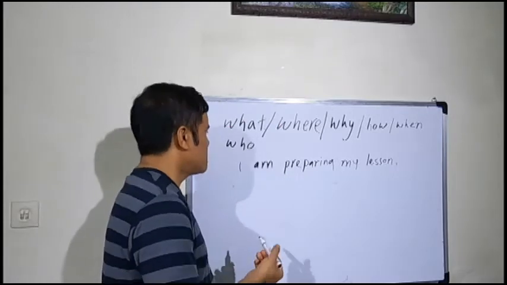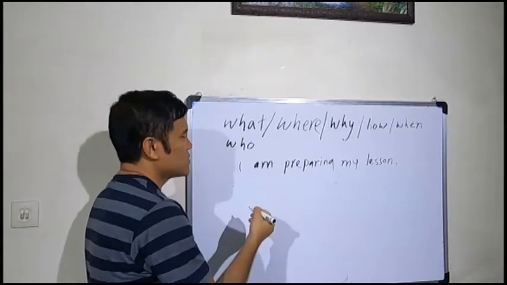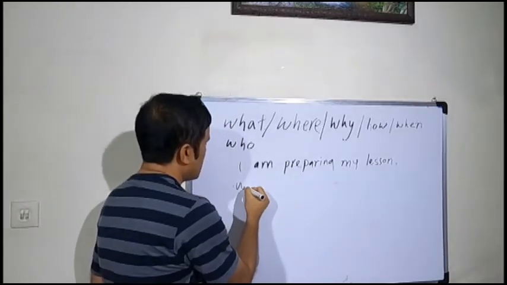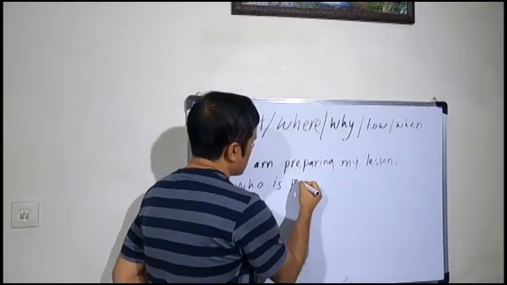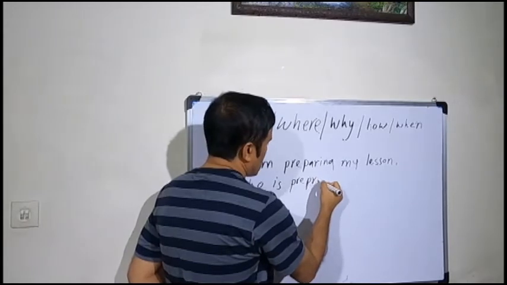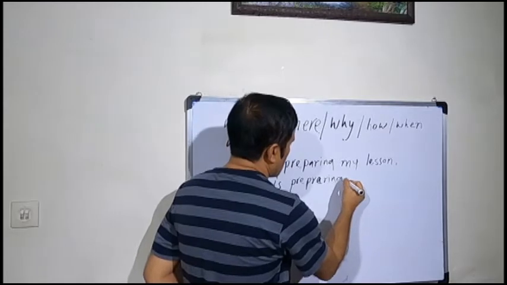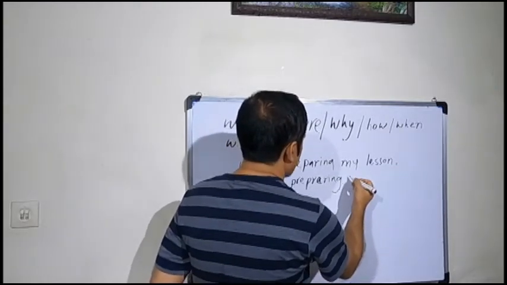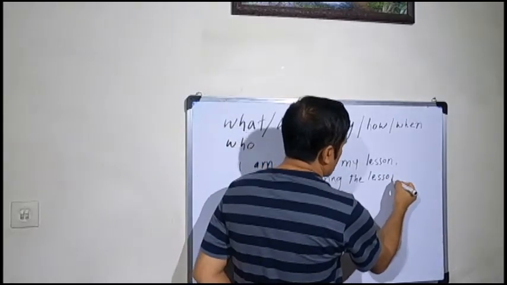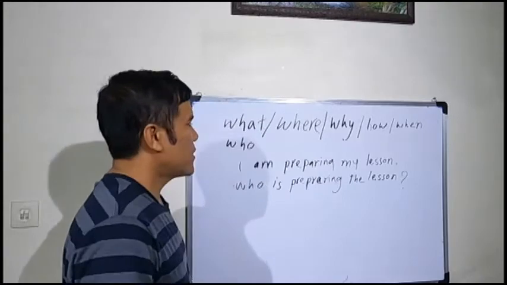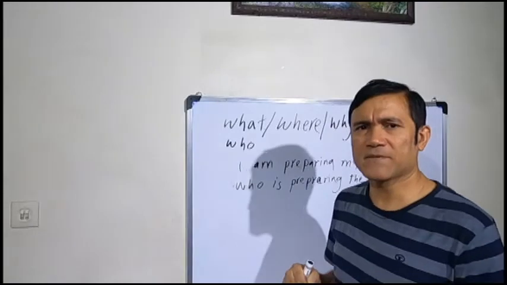So let's go for making these questions using who here, like who is preparing the lesson? Who is preparing the lesson? Then you can make it also negative. How?